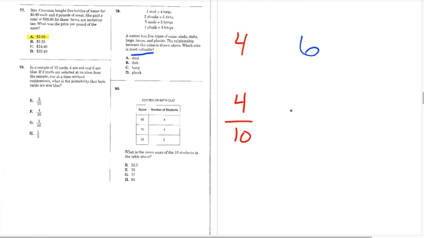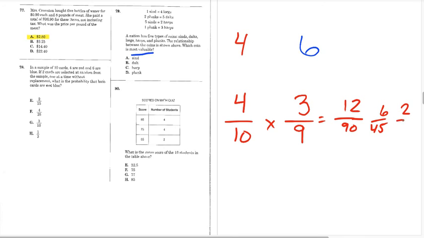But the second time, there's only 3 red cards left, and there's only 9 cards total because we took 1 out. Right? So we just multiply this, we get 12 over 90, which is not one of the answers. So we have to simplify, let's see here, 6 out of 45. If we divide it by 2, now we divide by, I guess, 3, will give us 2 out of 15, which is E.